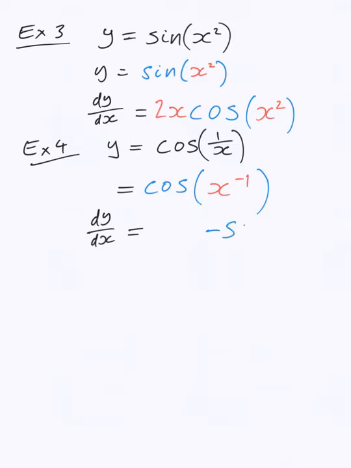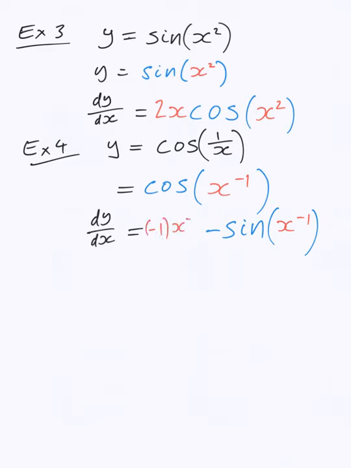So it's going to be minus sine of, what's in the brackets doesn't change here, x to the power of minus 1. Then I multiply the whole thing by the derivative of what's inside the brackets, what we called dv dx before.